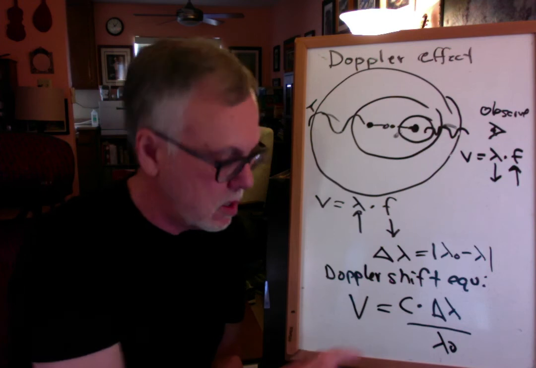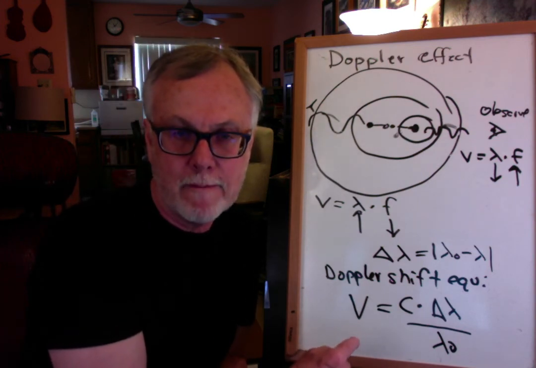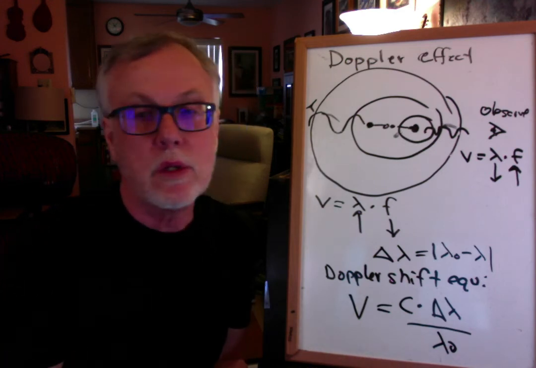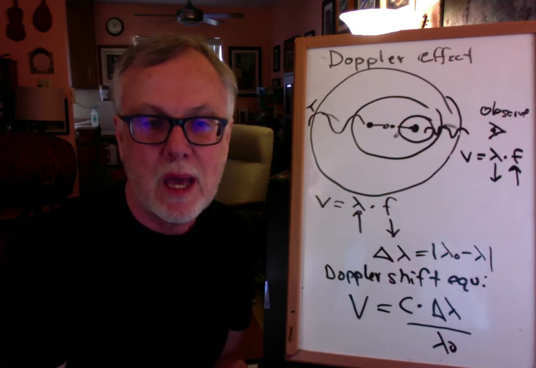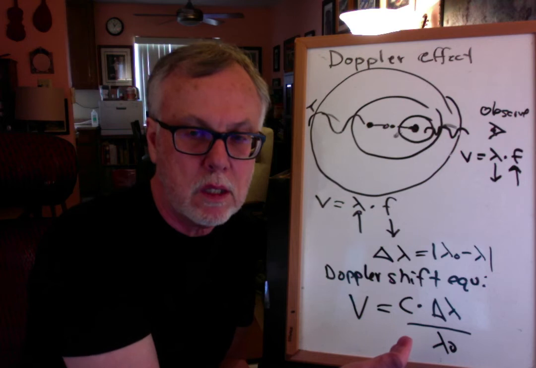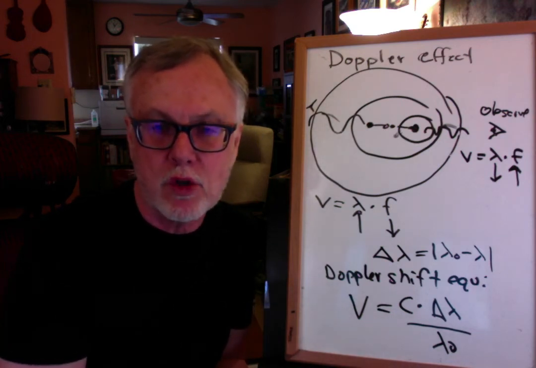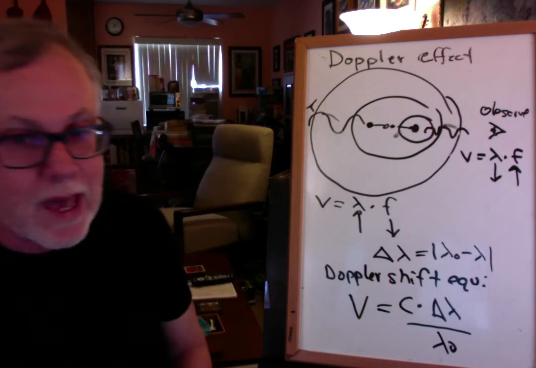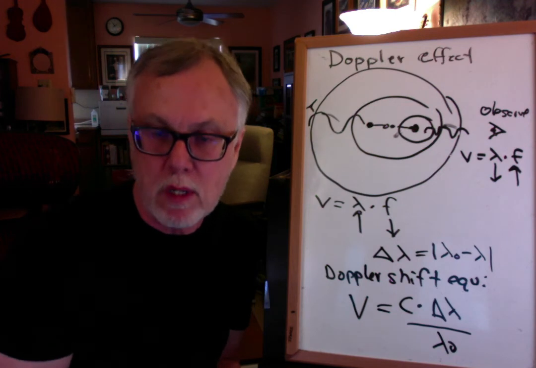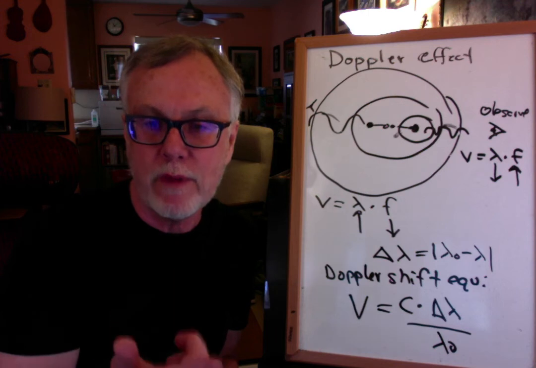Now remember, guys, the point of this class is not to actually do calculations. The point of the class is to determine how we can use an equation and what the equation means, so that we understand how scientists in astronomy work. So if I ask you, why do we worry about the Doppler shift with stars? Well, number one, it can tell us which direction it's going, away from us or towards us.